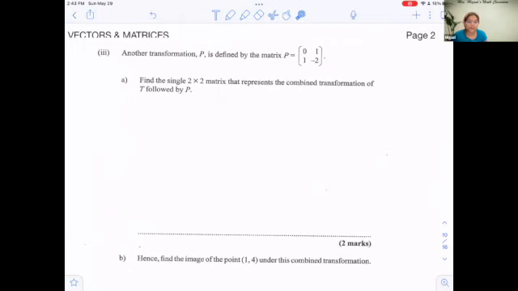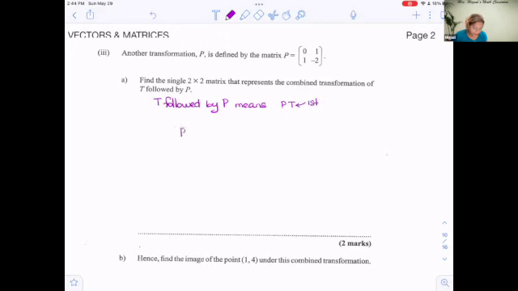Find the 2 by 2 matrix that represents the combined transformation. So T followed by P means that we have PT. PT. T is done first.